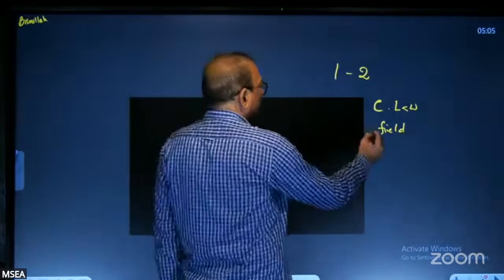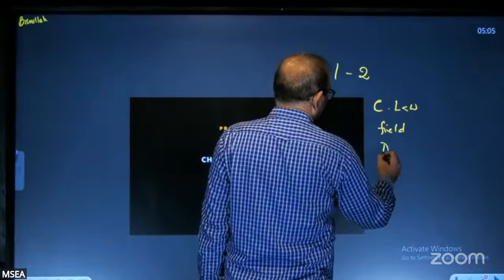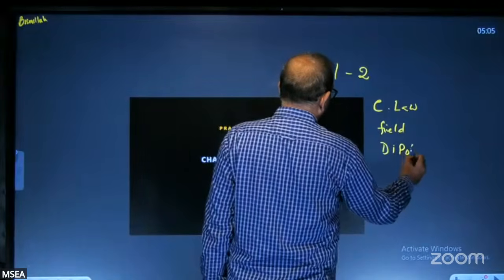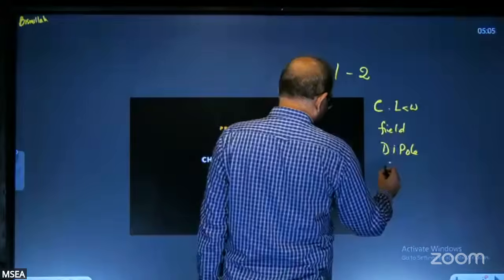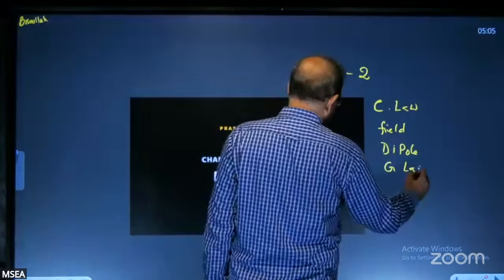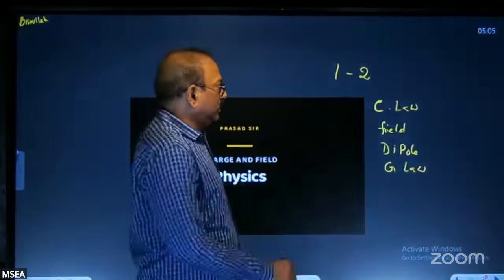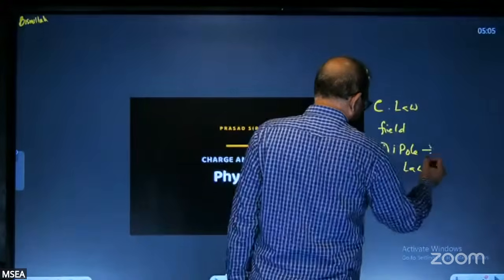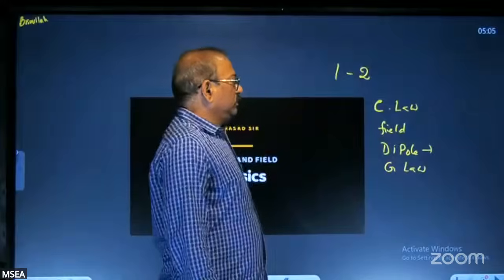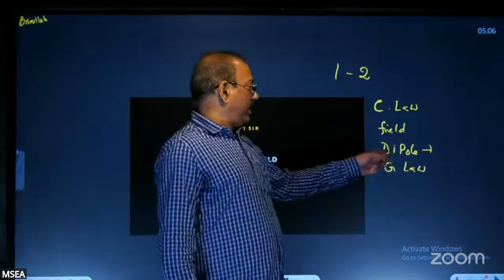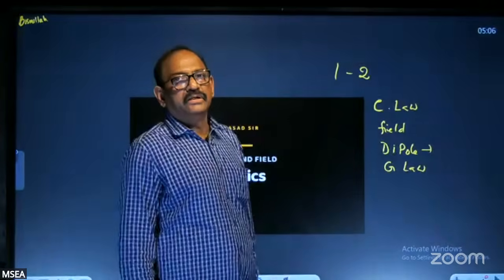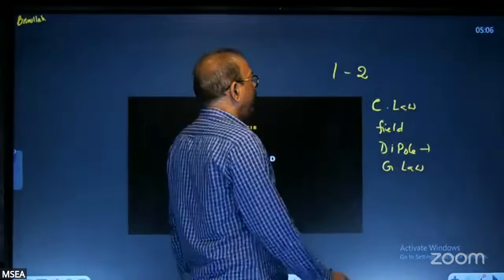And then on dipole, electric dipole. And then on Gauss law. In the dipole, mainly the torque acting on a dipole in a uniform field. You should concentrate more on that.